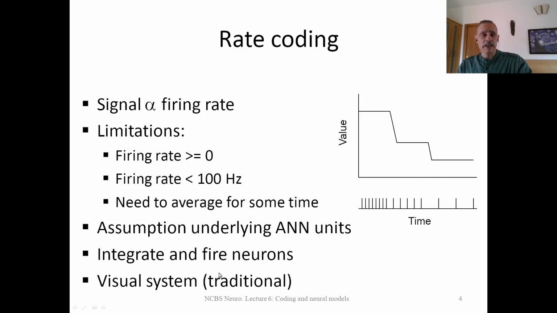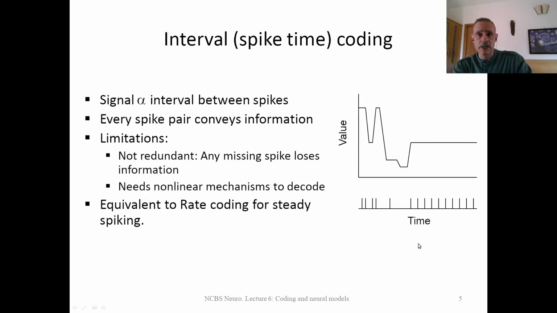And one common place where such coding is often invoked, especially in models, is the visual system. There's something called interval coding, which says that the value is not an average firing rate, but it is the instantaneous interval between two spikes. So if you have two spikes which are very close together, then that implies that this is a strong signal.